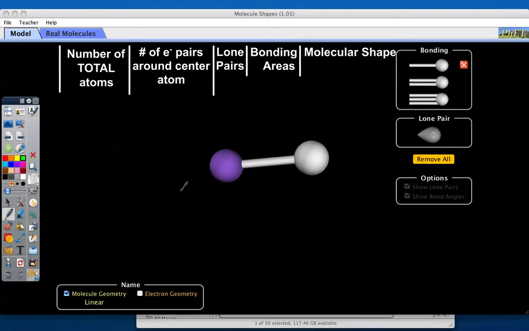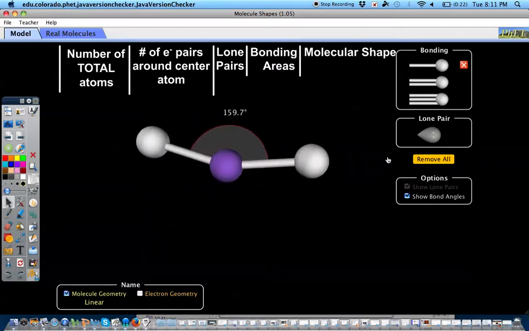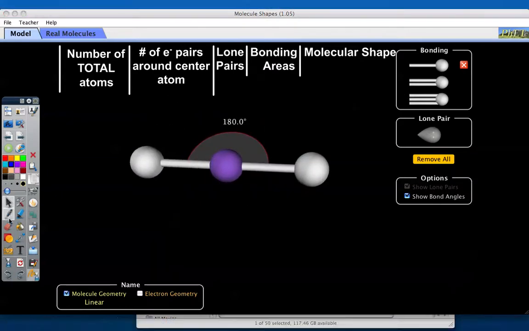So then if I add a 3rd atom to this, so now I have a total of 3 atoms. Electron pairs around the center atom. Each bond has an electron pair. So I have 2 bonding areas. I don't have any lone pairs on my center atom, so that is also going to tell me that I have 2 electron pairs around the center atom.